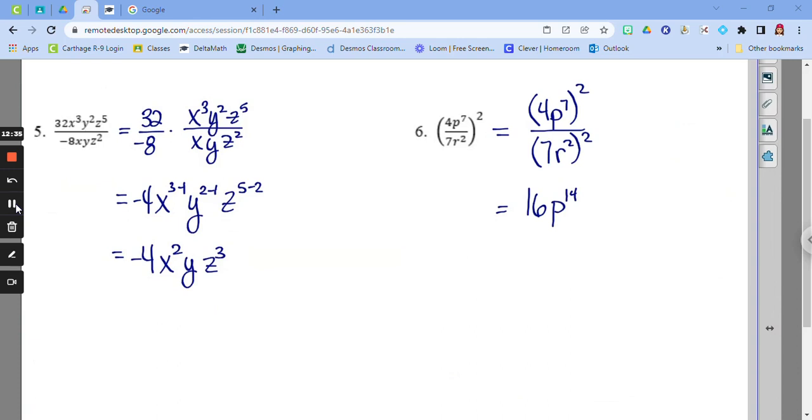So 2 groups of 7 make 14. What's 7 squared? 49. And r to the 4th. Because we have 2 groups of 2 on the r. And then there's nothing we can simplify. That's your final answer.